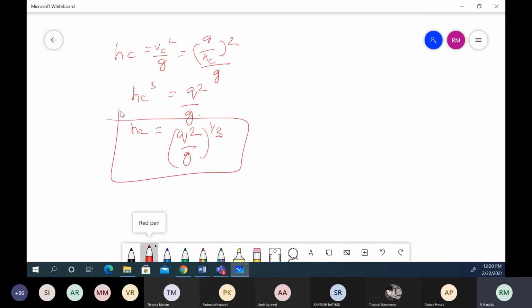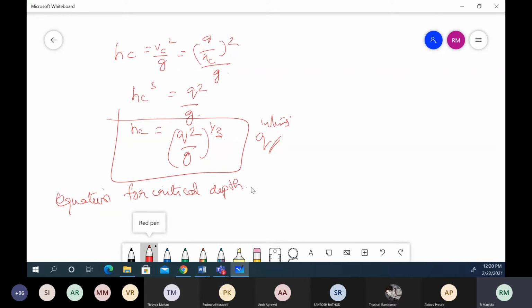This is the critical depth in terms of q. This is the equation for critical depth.